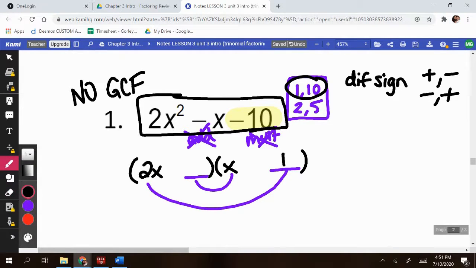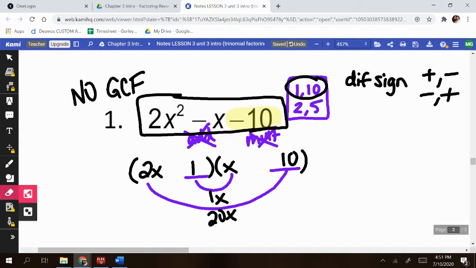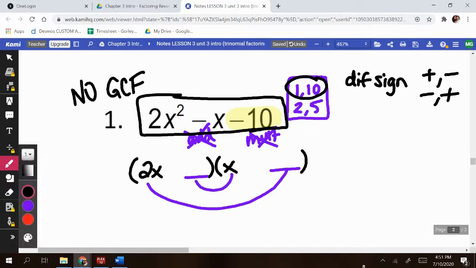Okay, so my only option there would be 1 and 10, to put it like that. 10 cannot be in the same set of parentheses as the 2, or else you'd have a GCF. Here my outers would be 20x, and my inners would be 1x. There's going to be no way to take 1 and 20 and get to -1. So I know that 1 and 10, those factors, are out.